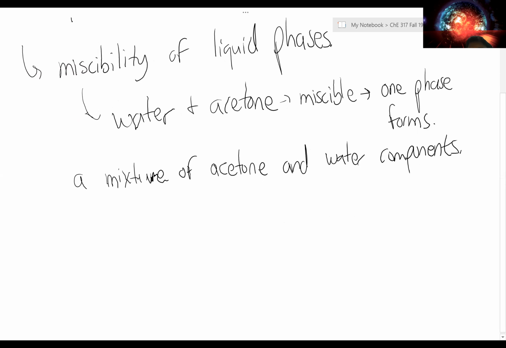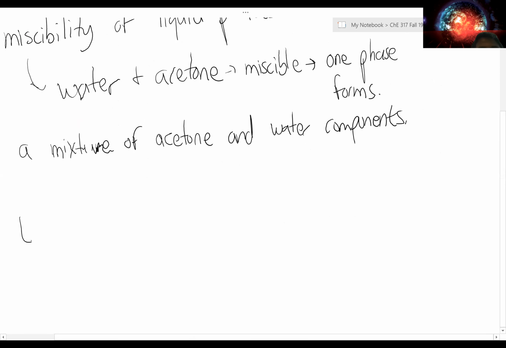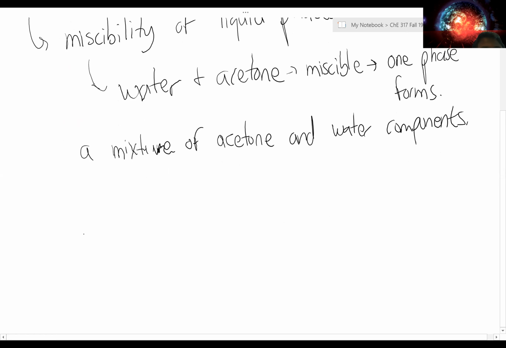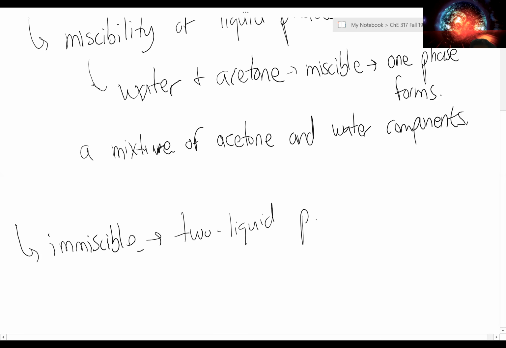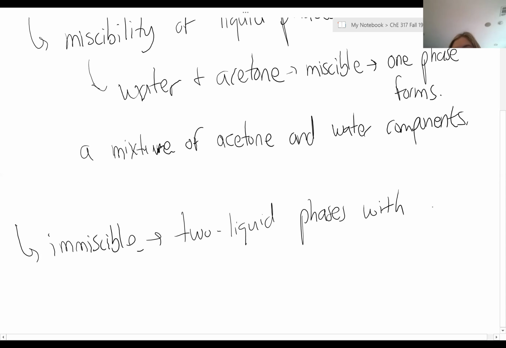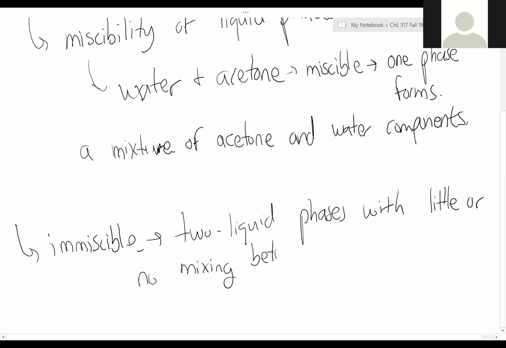But if we have two liquids that are immiscible, that tells us that there's a likelihood we're going to be looking at two liquid phases, with little or no mixing between components.